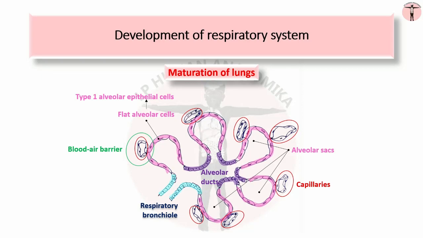In addition to endothelial cells and flat alveolar epithelial cells, another cell type develops at the end of the 6th month. These cells are called type 2 alveolar epithelial cells, which produce surfactant, a phospholipid-rich fluid capable of lowering surface tension at the air-alveolar interface.